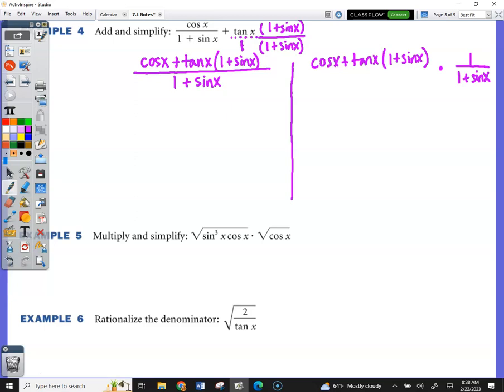All right, and then now, if you look at what we have, cosine plus tan times 1 plus sine x. What do you think we need to do with the tan and the times 1 plus sine x? This right here. What do we need to do?